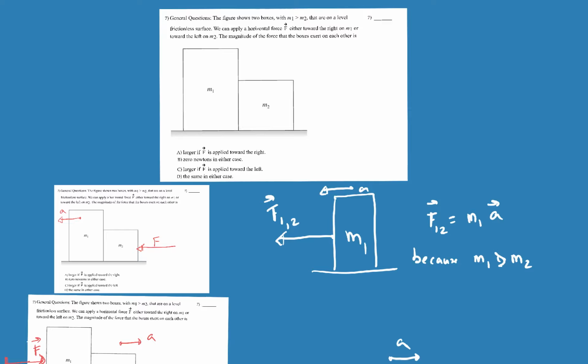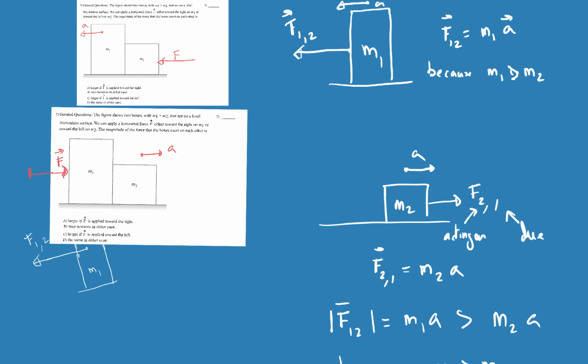Let's go to the other case. If you pull in the other direction, the same magnitude of force will produce acceleration in both objects. They are accelerating at the same rate, with the same acceleration A, but in this case A goes to the right.